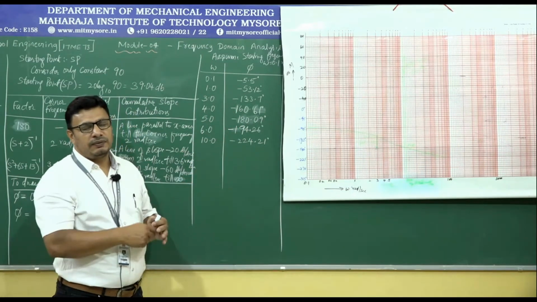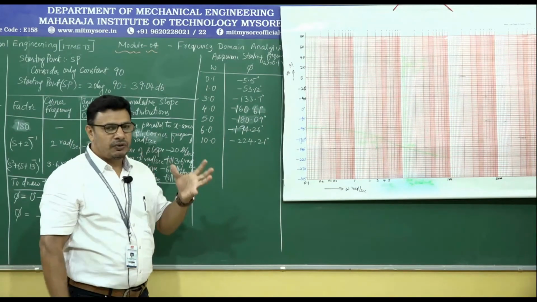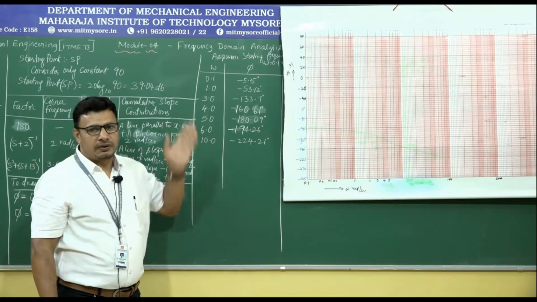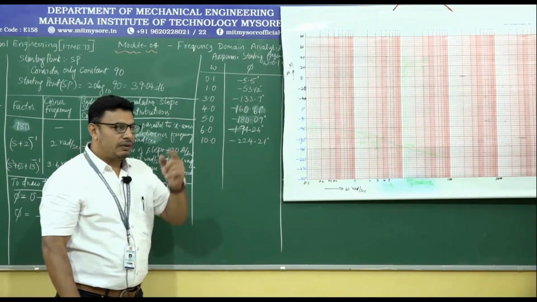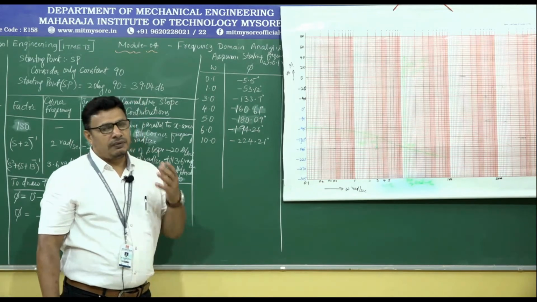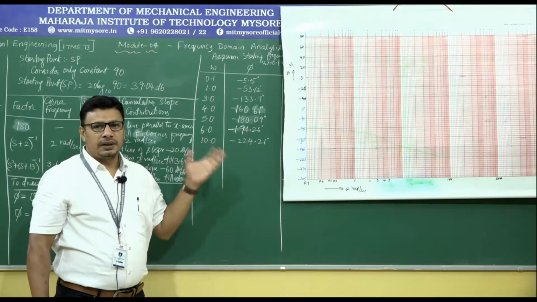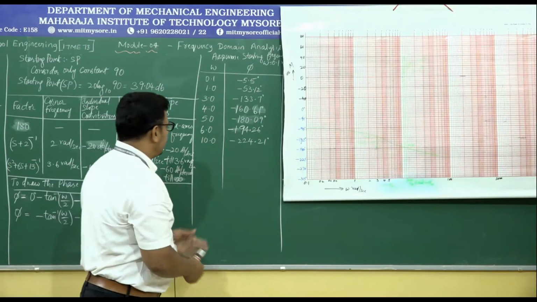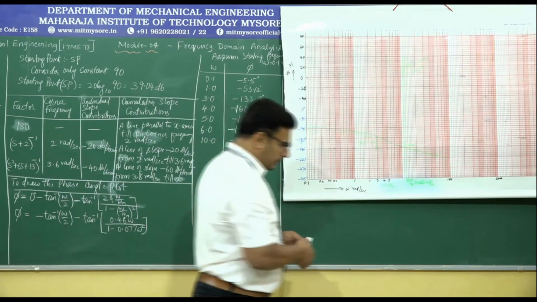That means to say, when we draw the phase angle plot, we can virtually see that it will be crossing over the minus 180 degree line, and we will be getting the phase crossover point. So because of which we can be assured of finding the gain margin. Okay, once we have done that, now let us try to make the plot.